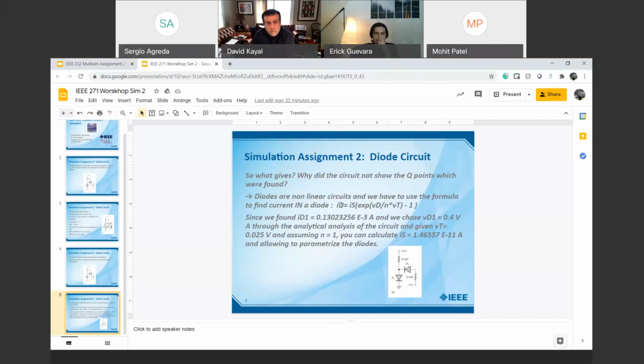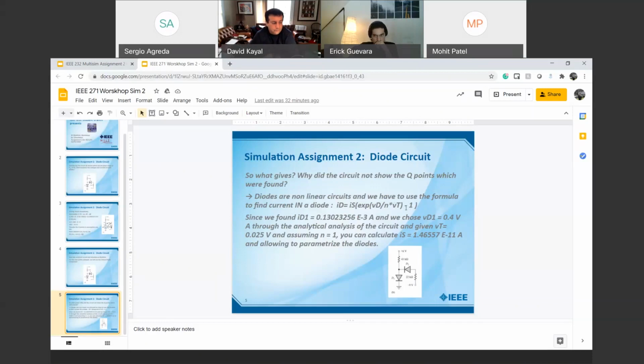The current going through the diode is dependent on a saturation current value multiplied by an exponential of the voltage drop across the diode over a nominal factor multiplied by the thermal voltage at room temperature of the semiconductor.